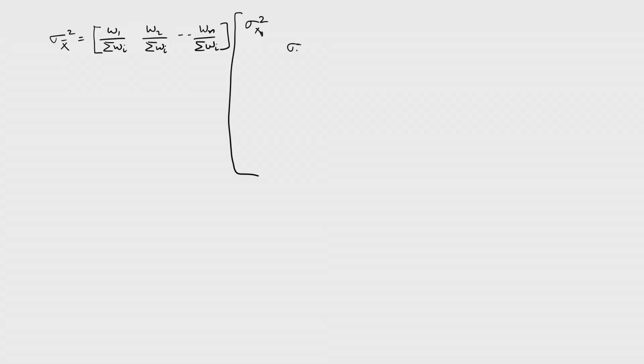W1 upon sigma Wi, W2 upon sigma Wi, and so on up to Wn, then the diagonal matrix which is sigma x1 square, sigma x2 square and so on up to sigma xn square.